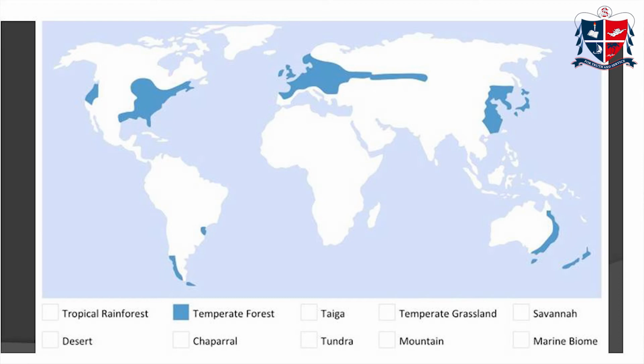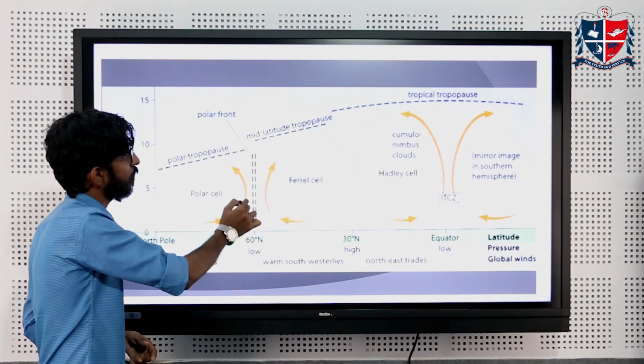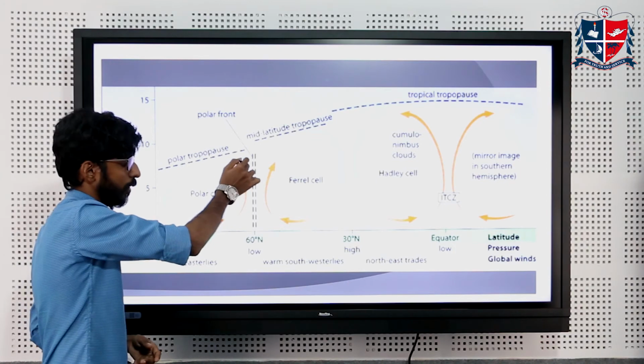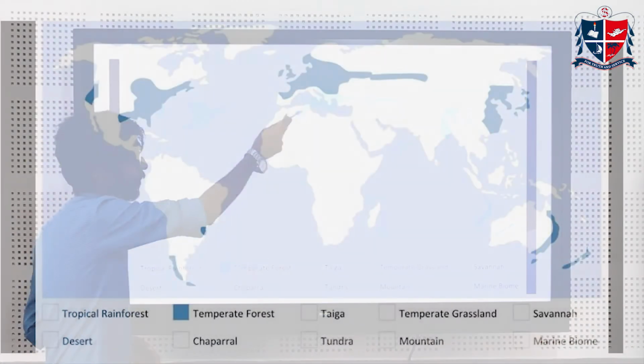The areas of Britain getting a lot of rainfall is one of the reasons behind what's happening over here. We can see we have a rising trend here, which creates a lot of clouds. So there will be a lot of rain in this particular region. So that's what happens here.